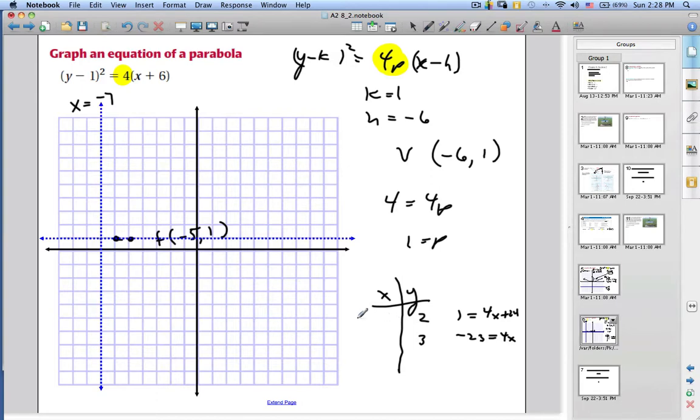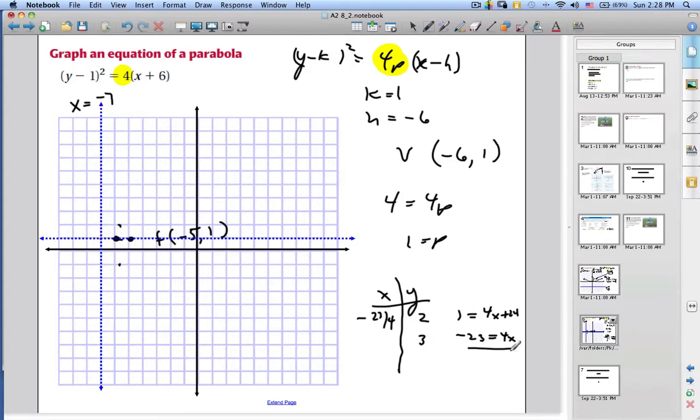So x will be -23 fourths. Okay, so 23 fourths isn't quite 6. So 1, 2, 3, 4, 5, 6, and then back 1/4. So right about there. And that will also be true on the other side of the axis of symmetry.